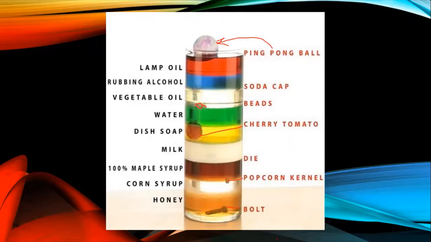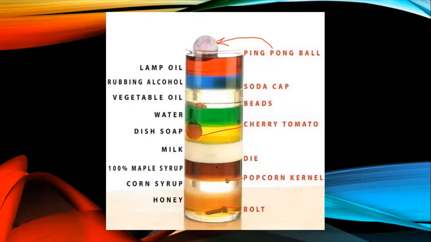All right. Which one of these liquids is the most dense? The honey. Okay. Which one of these objects is the least dense? The ping pong ball right at the top. Which liquid is the least dense?